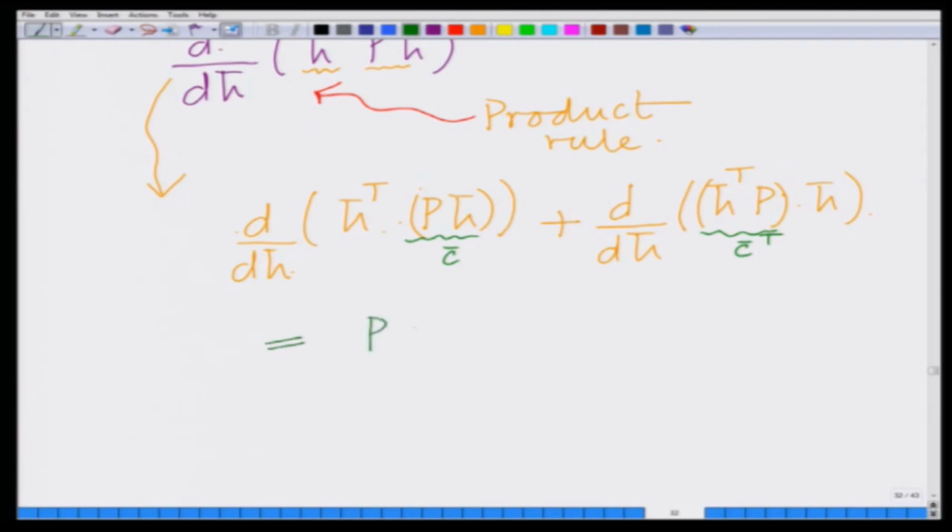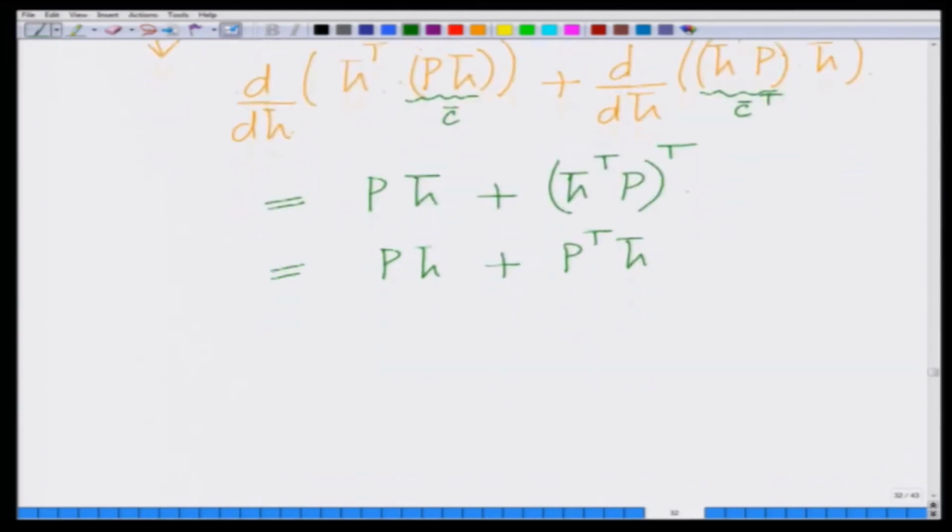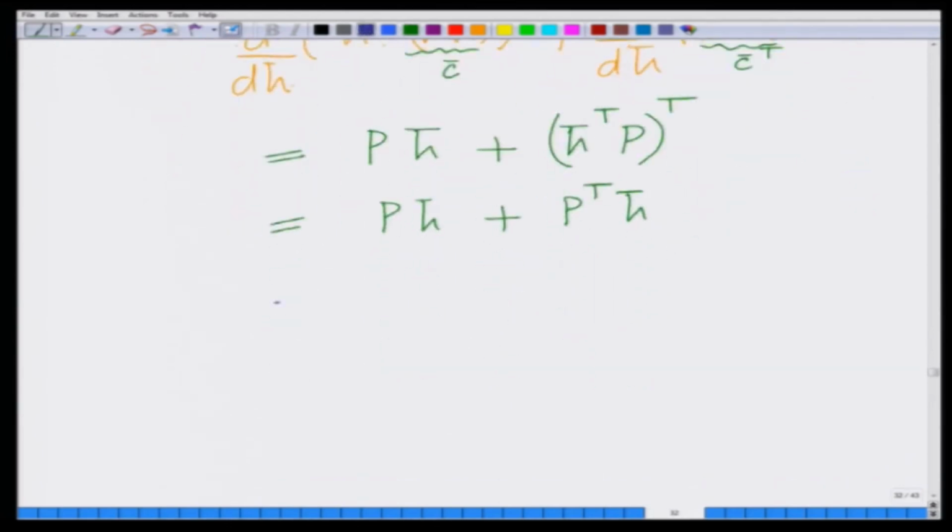So, this is basically P times h bar plus the derivative of c bar transpose h bar, which is also c bar. So, this is basically h bar transpose P whole transpose, which is P h bar plus P transpose h bar, which is equal to P plus P transpose times h bar.